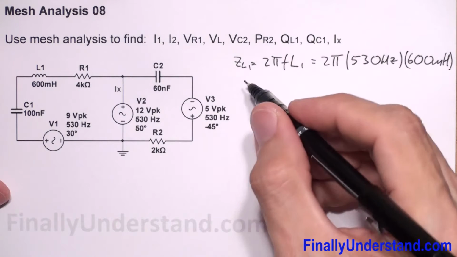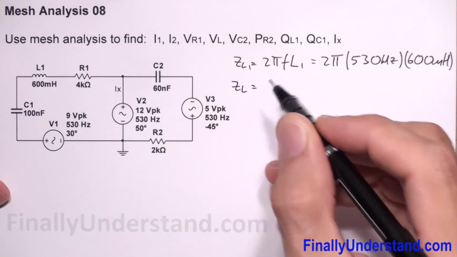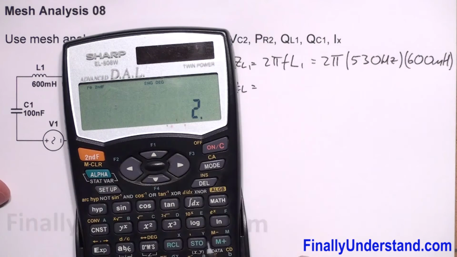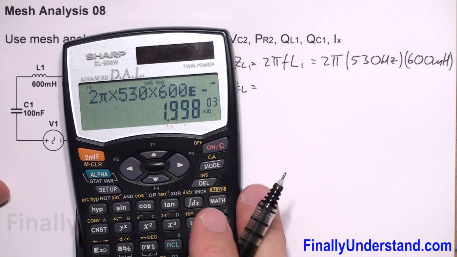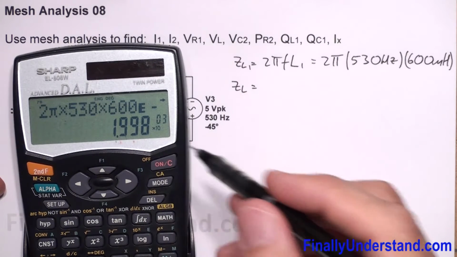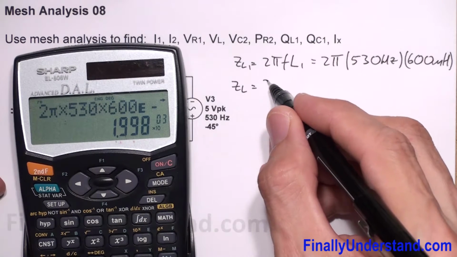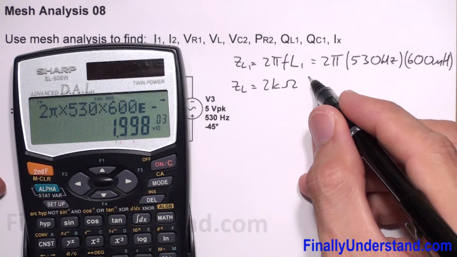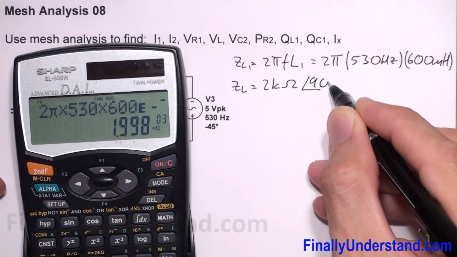So my ZL1 is 2 pi times 500 tera times 600 exponent negative 3. This is equal to, I can say, 2 kiloohms. So I have 2 kiloohms, and ZL always goes with an angle of 90 degrees.